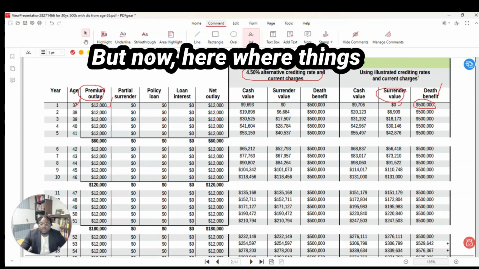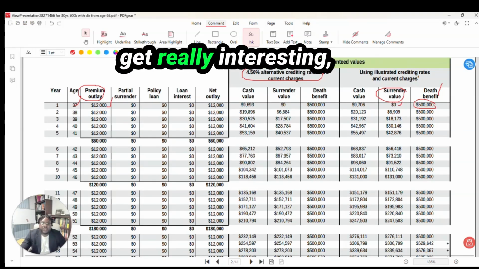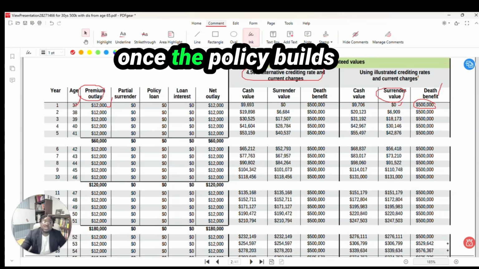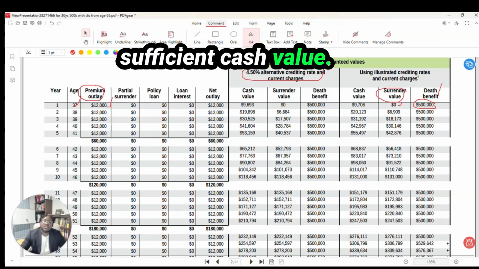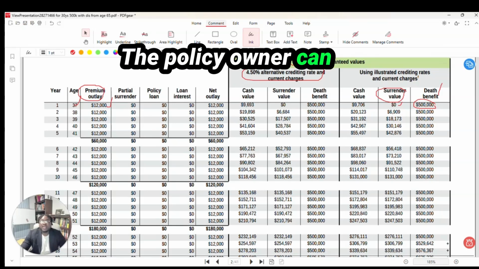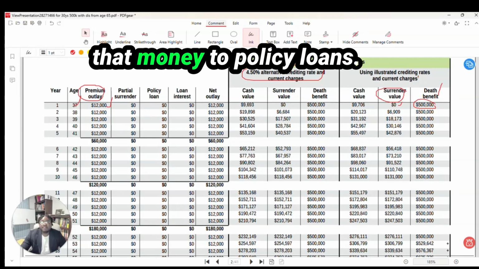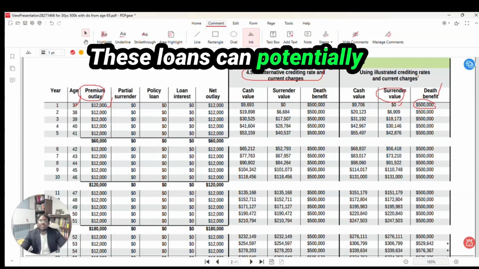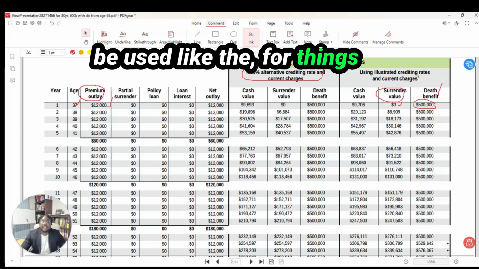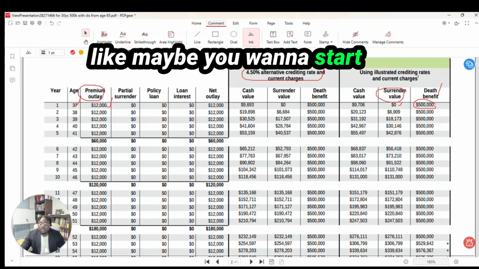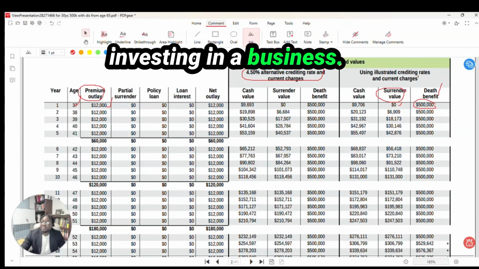But now, here's where things get really interesting. Once the policy builds sufficient cash value, the policyholder can begin accessing that money through policy loans. These loans can potentially be used for things like maybe you want to start investing in a business.